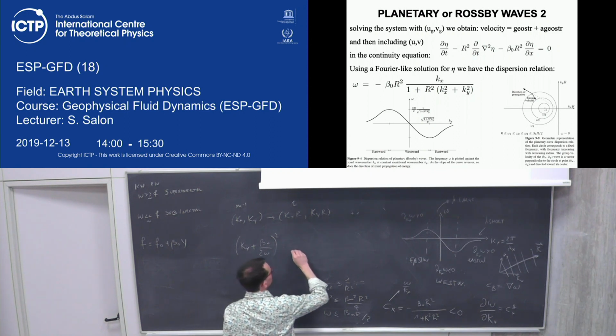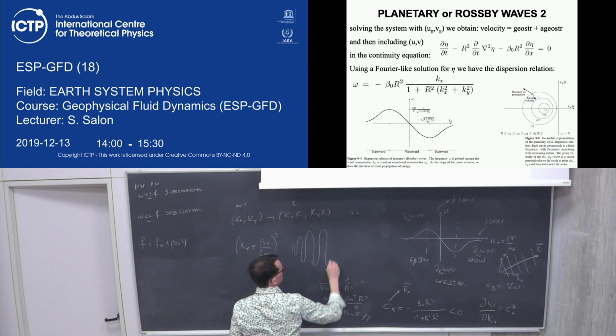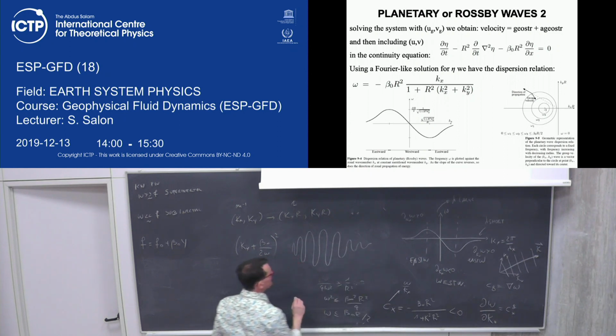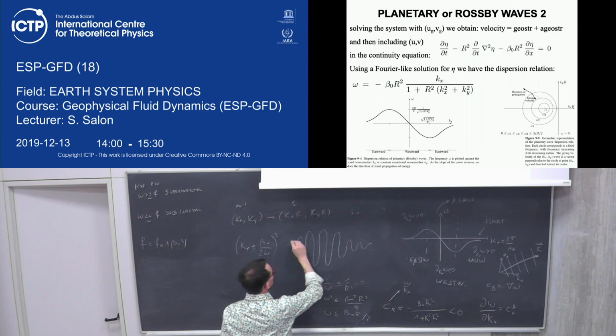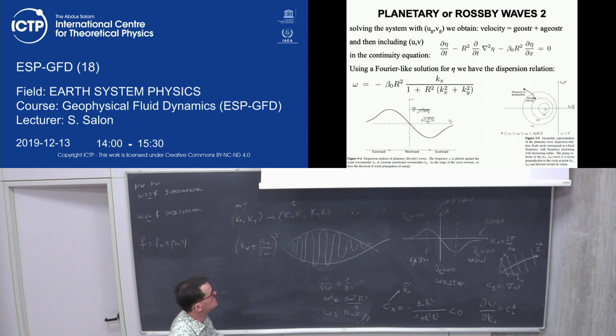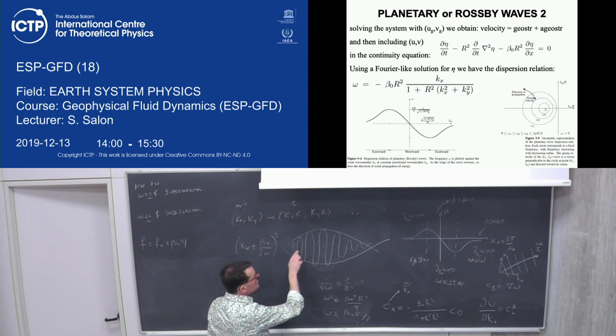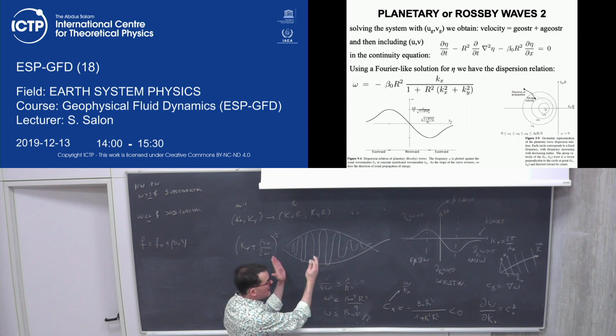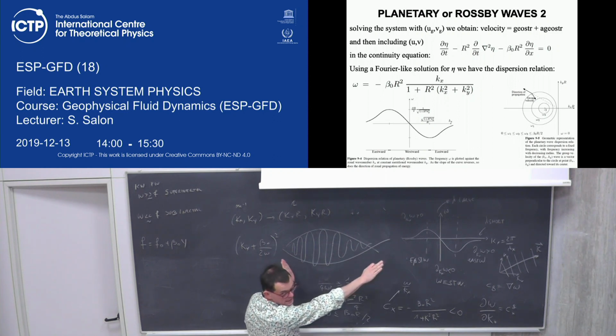So you can have a packet of this, and the envelope looks like a fish. So the phase can go in this direction, but the energy can go in the other direction.